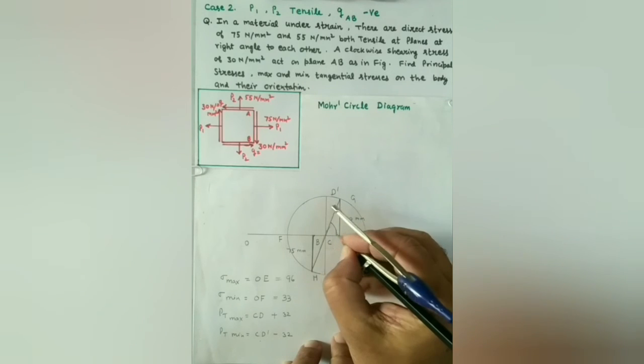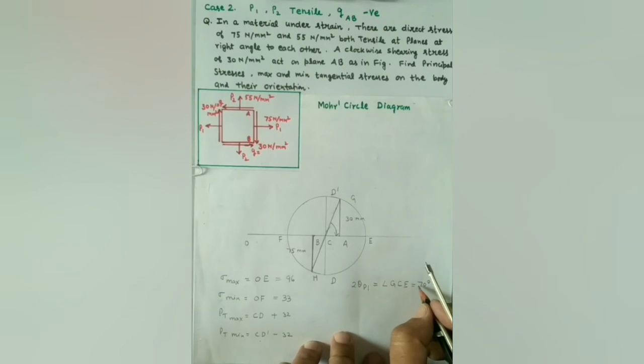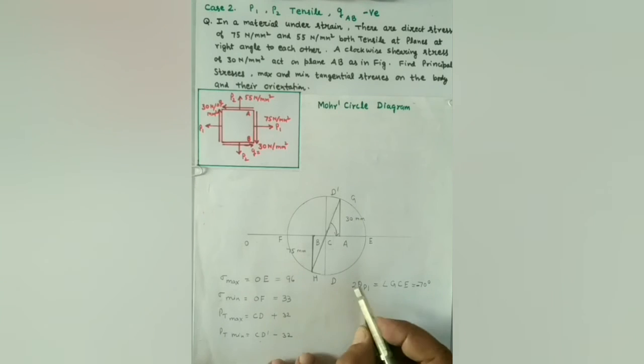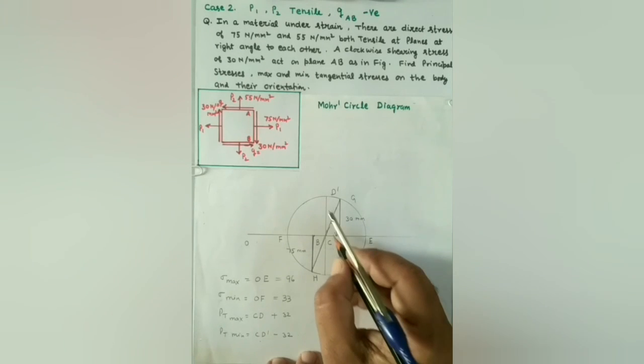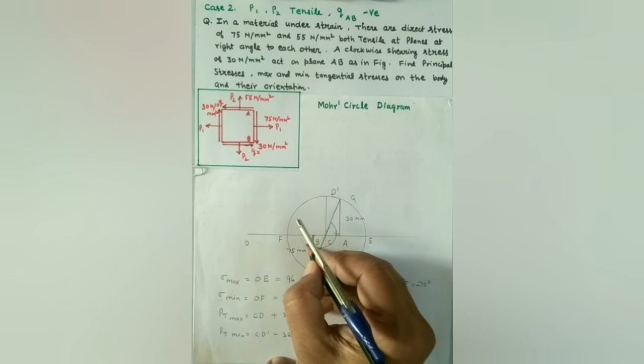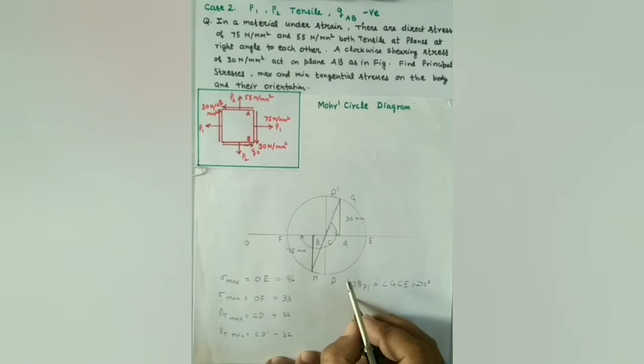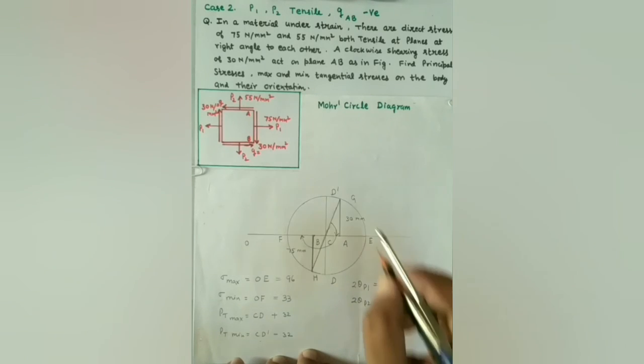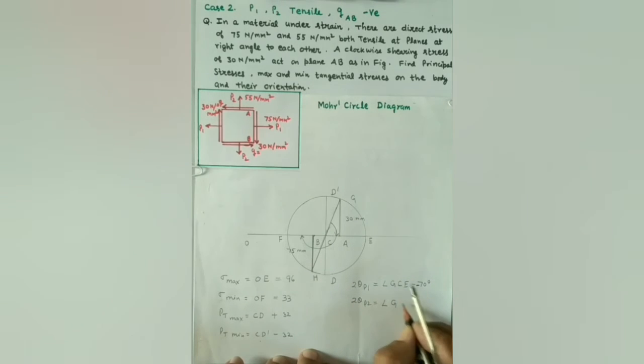Similarly, the orientation of the minor principal plane, 2 theta P2, will be angle GCF. It is also in the clockwise direction, so it will be angle GCE plus 180 degrees.